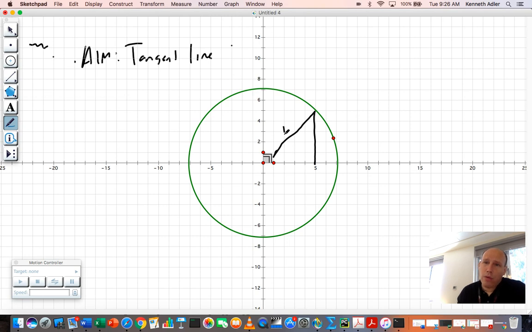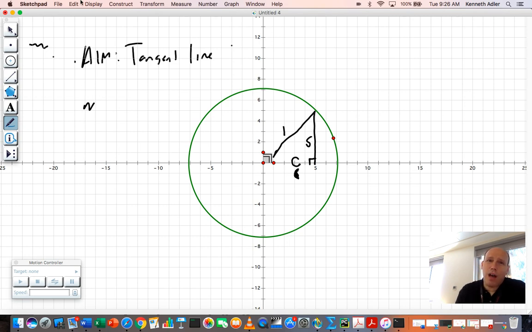And this length was 1, and this was cosine, and this was sine, right? And so the idea is that we extend this line.